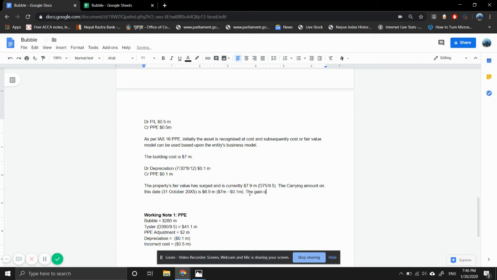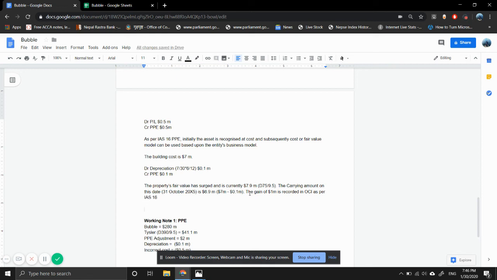The gain of how much is it? 1 million is recorded in other comprehensive income as per IAS 16.